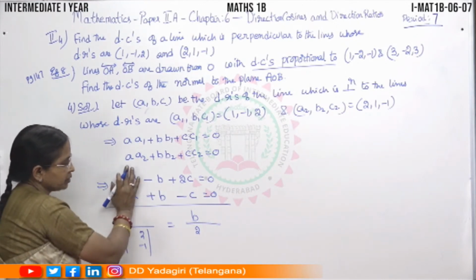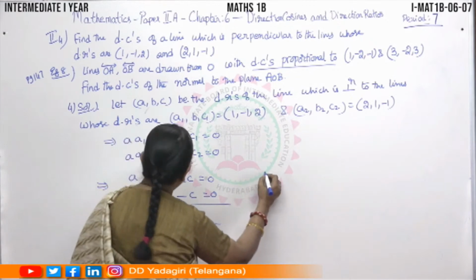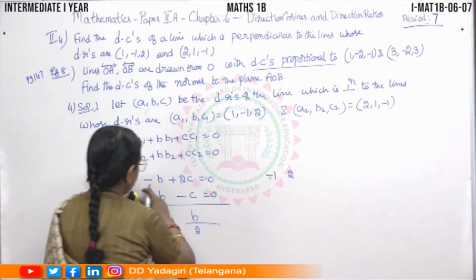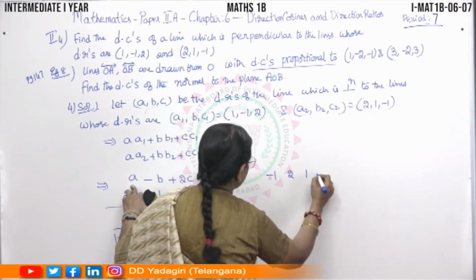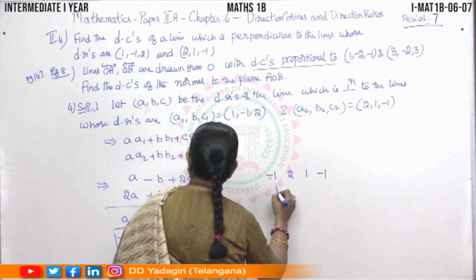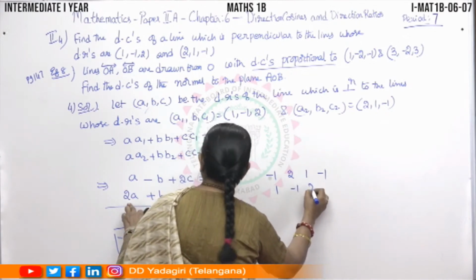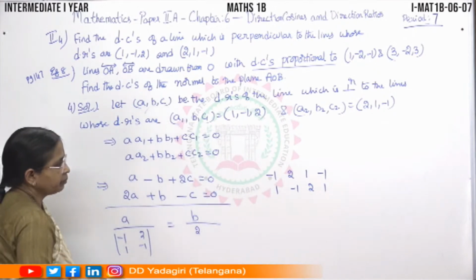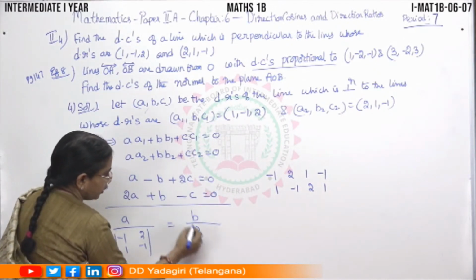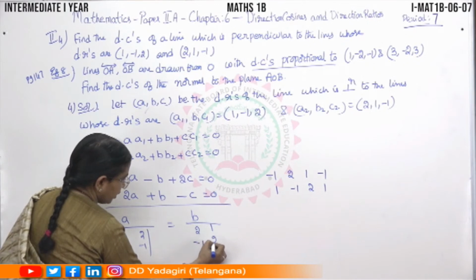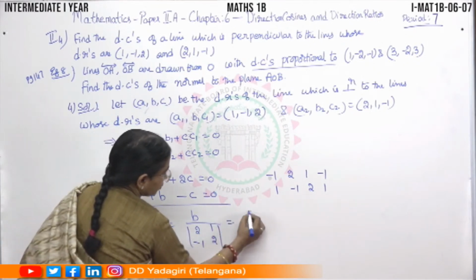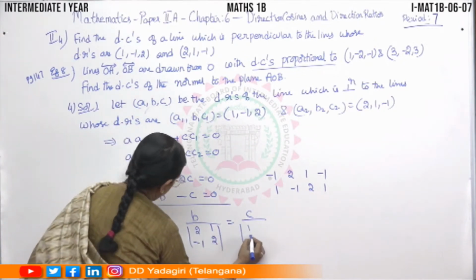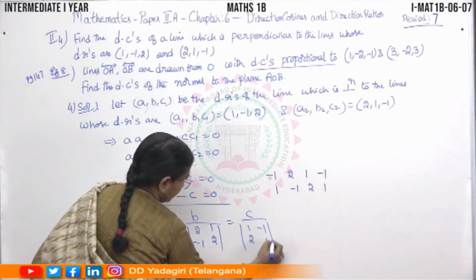Same procedure: you write the coefficients like this, -1, 2, -1, 2, and then 1, -1, and here 1, -1, 2, and again 1. So I'll write the determinants. A by the determinant of (-1, 2; 1, -1) is equal to B by the determinant of (2, 1; -1, 2) is equal to C by the determinant of (1, -1; 2, 1).